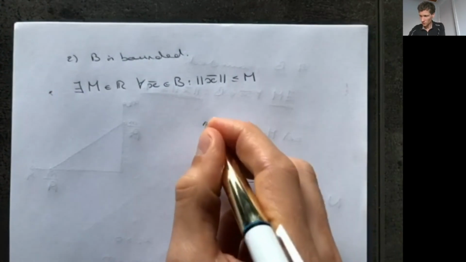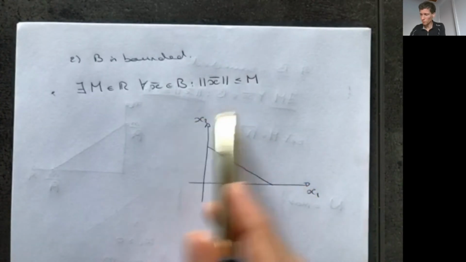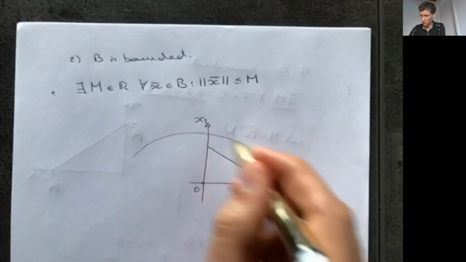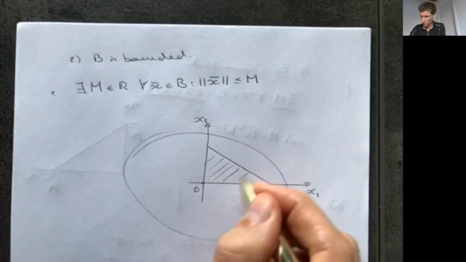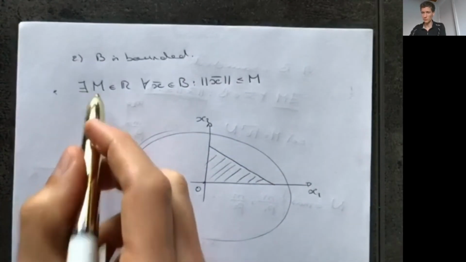In particular, if this is good 1 and this is good 2, you have to be able to draw a ball of some radius around 0, such that the entire budget set is in this ball of some radius m.